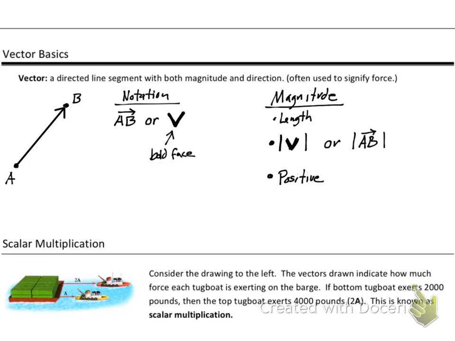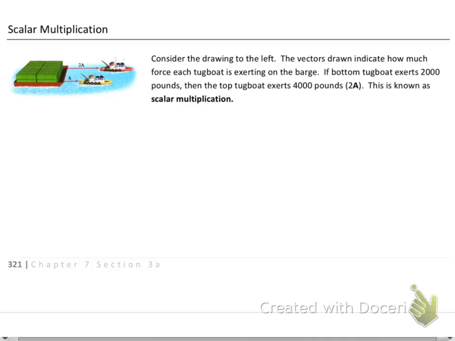Okay, the next thing we're going to talk about is scalar multiplication. So like I said, vectors are a lot of times used for force. So what this diagram is showing is we have two tugboats. We have a bottom tugboat and a top tugboat. Well, the bottom tugboat is exerting this much force. We call it vector A. This one's applying this much force, which is 2A. So the longer the line, the more force you're applying.